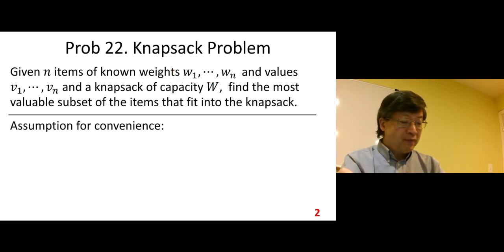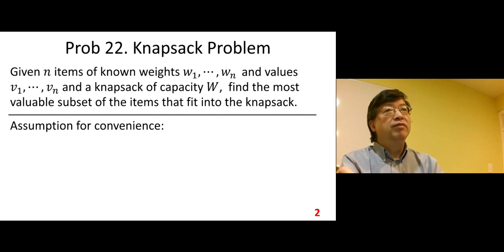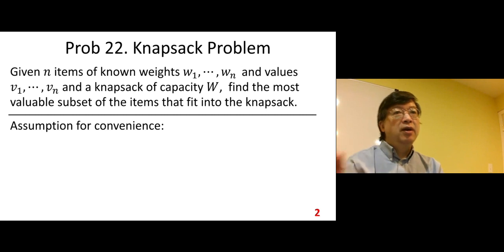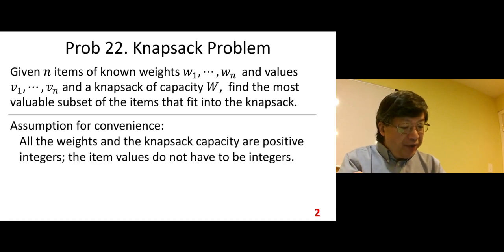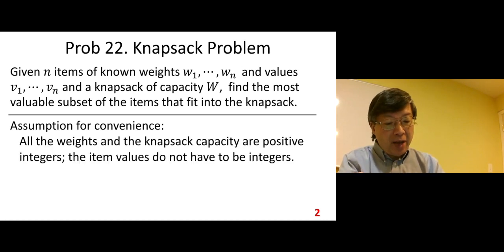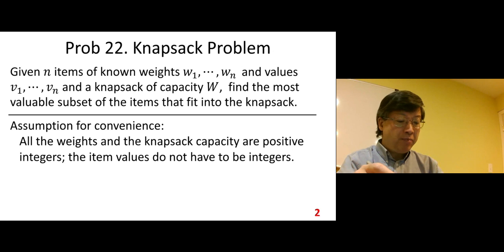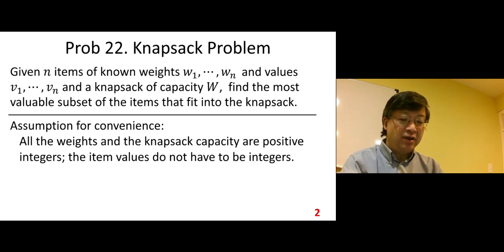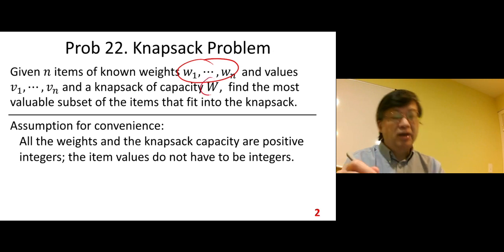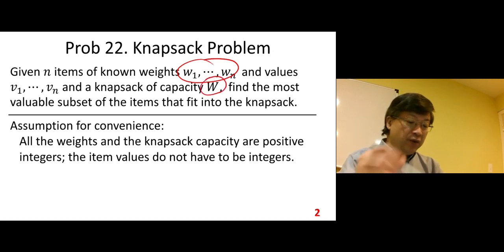Assumption for convenience. We do not change the difficulty, but we want to make our discussion a little easier. All the weights and the knapsack capacity are positive integers. All these W's and capital W, all positive integers.